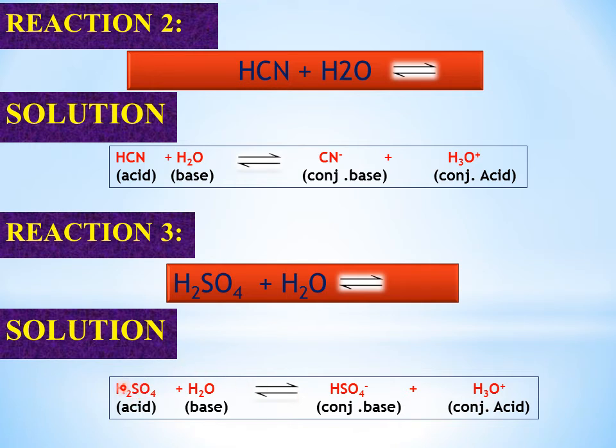Because the sulfuric acid has a positively charged proton, so when this water, which has oxygen with an electron pair, attracts this proton, it will form hydronium ion, and this sulfuric acid will get a negatively charged ion, so this will be acting as the conjugate base.